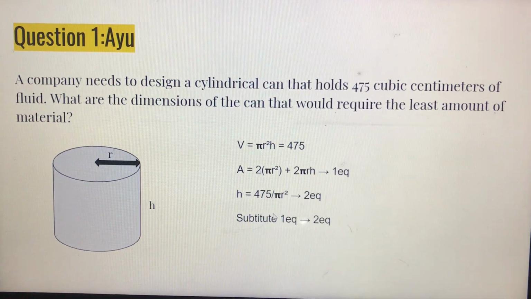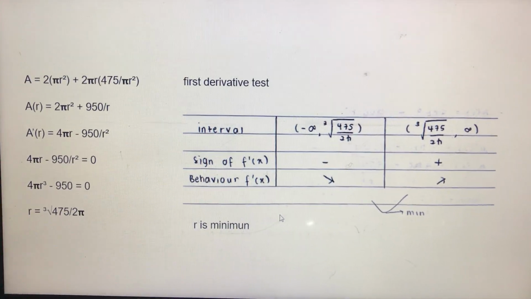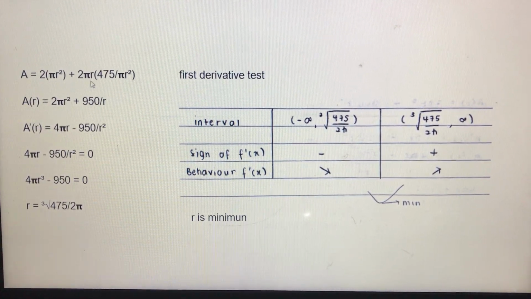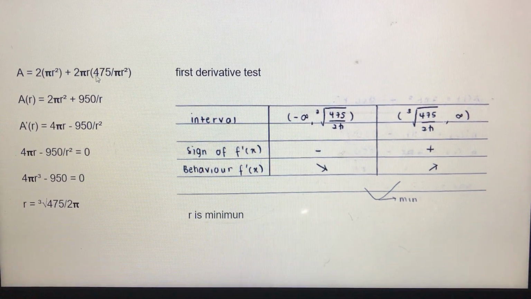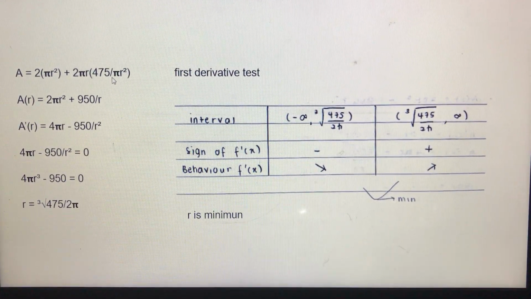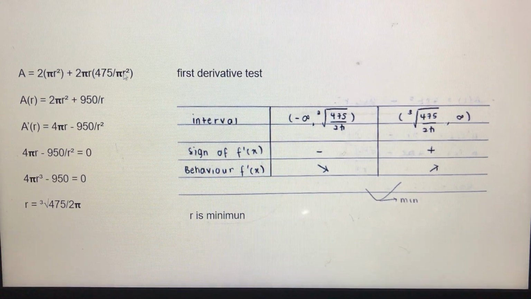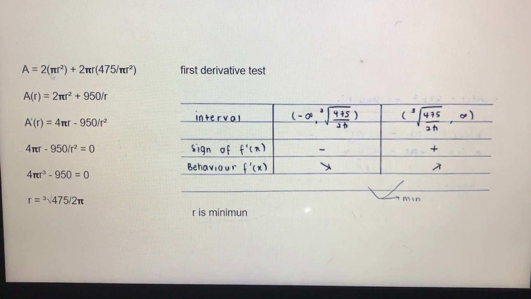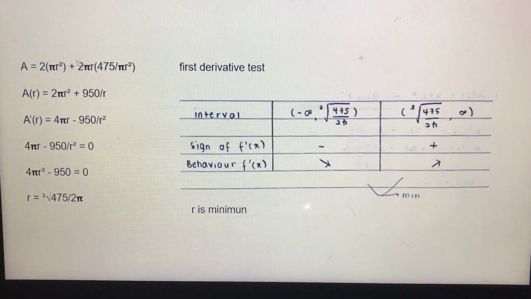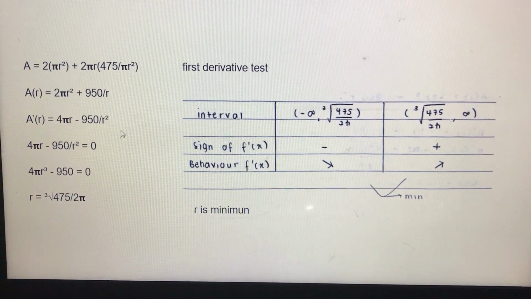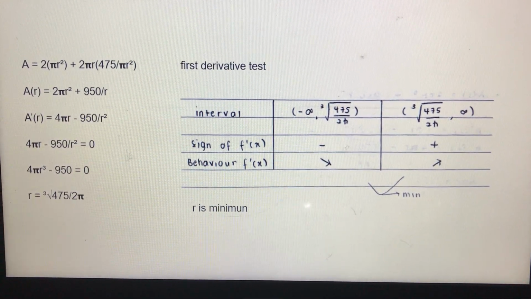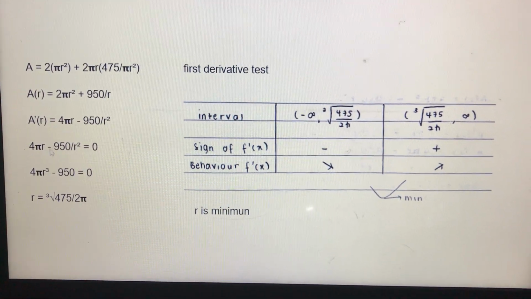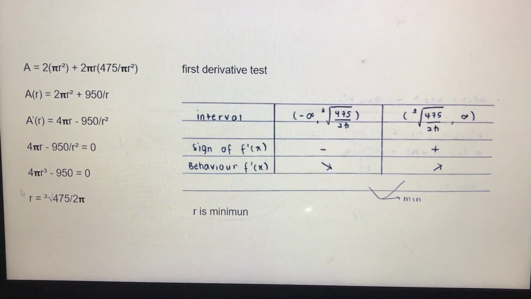After that, we get A equal to 2 pi r square plus 2 pi r multiplied by 475 over pi r square. So we can see here there is only one variable in the area function. After that, in order to find the minimum or maximum, we have to find the critical point, which is r.